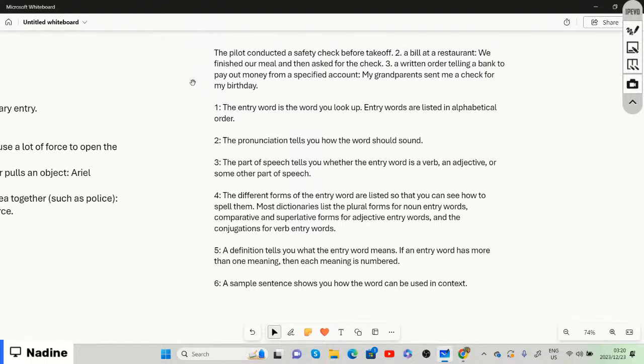So also when it comes to looking up dictionary words, the entry word is the word that you look up, right? So if you are looking up force, then that is your entry word. And we specifically say that entry words are listed in alphabetical order. So once you open up the dictionary, it's going to start with A, right?